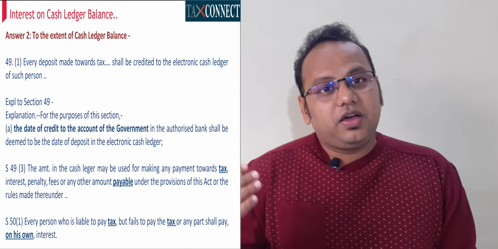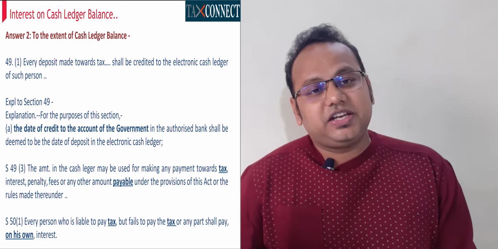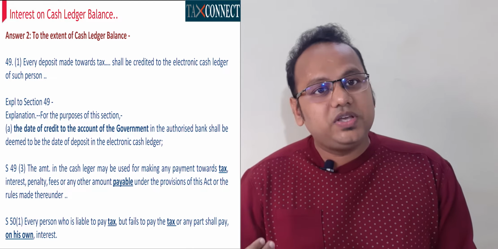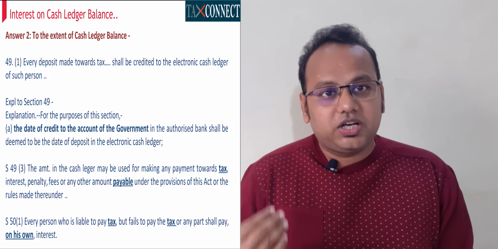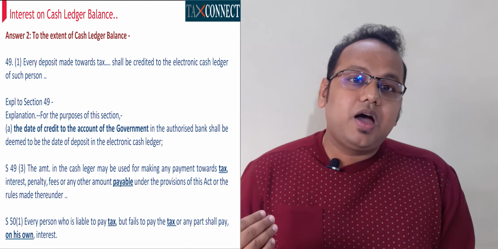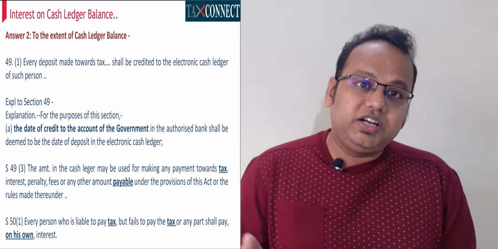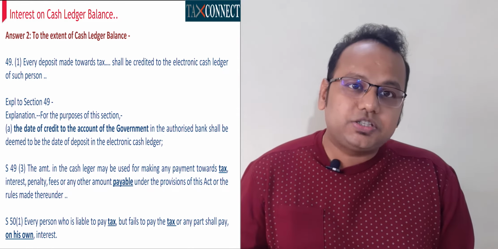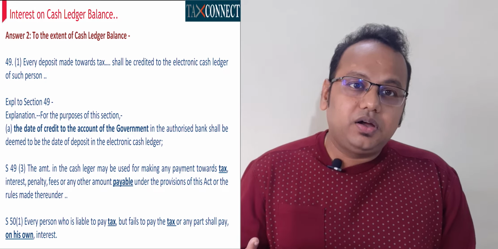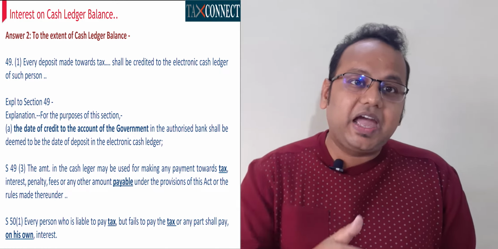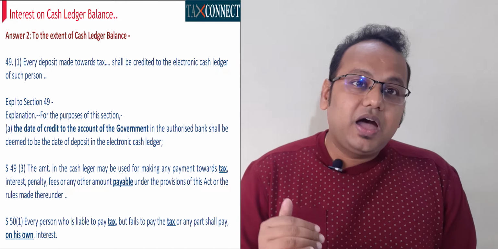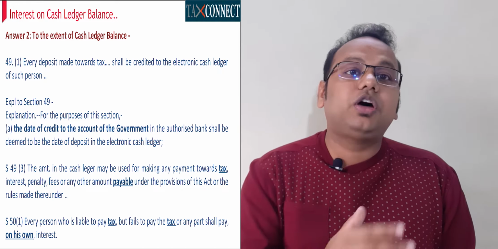So, we have to read sections 49 and 50 conjointly, and we see the explanation to section 49. It says that a payment or a deposit towards the cash payable would be done in the cash ledger, and it would be a deposit in the account of the government.